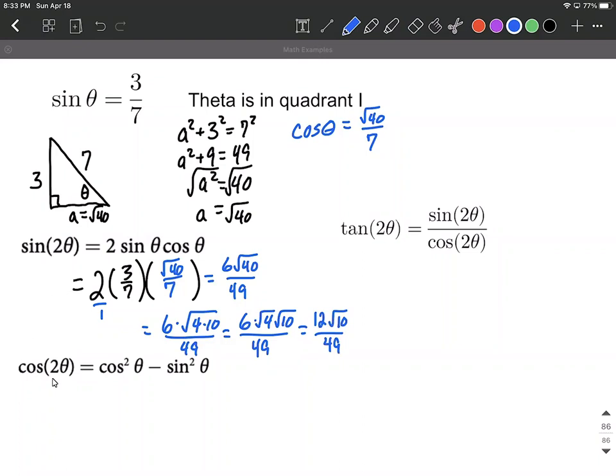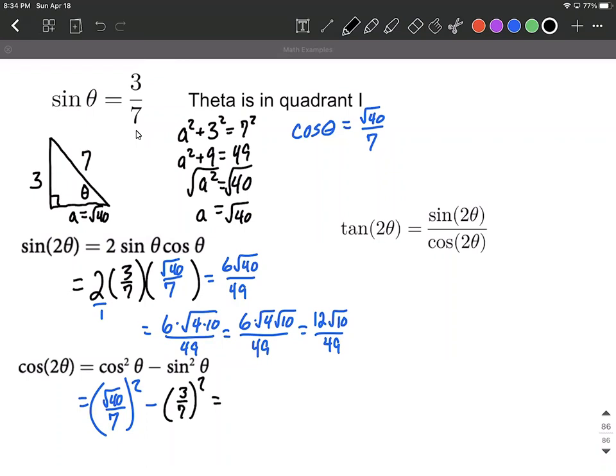Next, let's work on finding cosine of 2 theta. Well, again, we know some of this information. We've collected all of it at this point. We can say cosine squared, cosine squared is the square root of 40 over 7, squared, minus sine of theta is 3/7, so 3 over 7 squared.